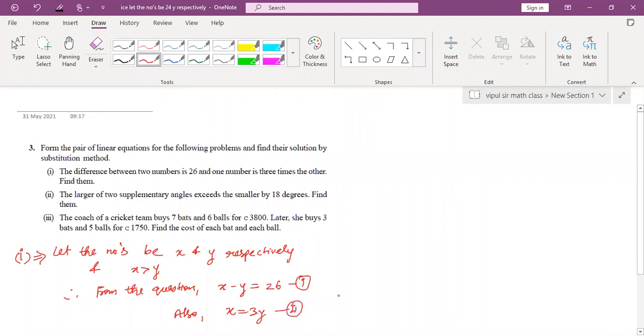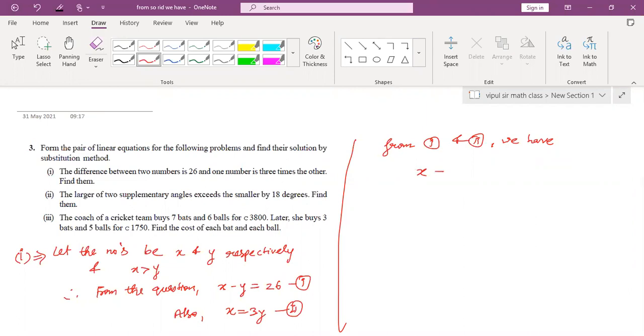These two equations are clear to everyone, or is there any confusion? Okay. Now you can substitute the value of the second equation in the first one. So substituting the value of 2 in the first, we have, from first and second, we have x is 3y.